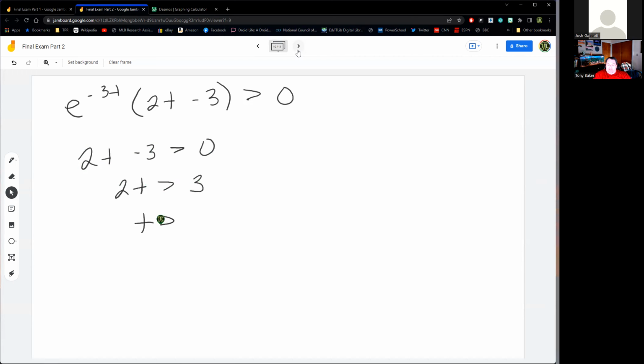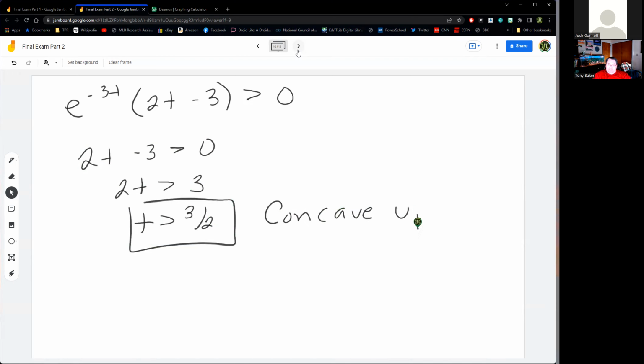So t has to be greater than 3 over 2 for it to be concave up. All right. That's your parametric equation.